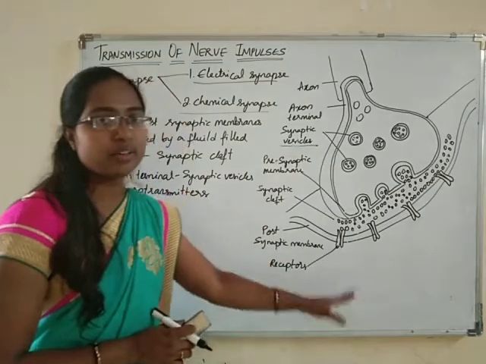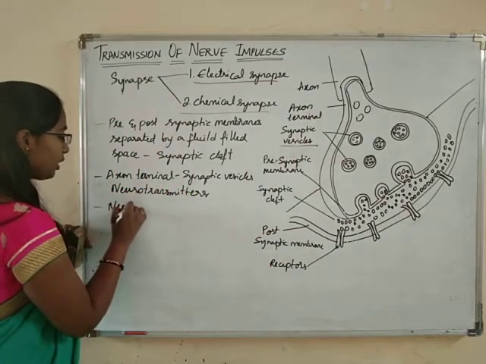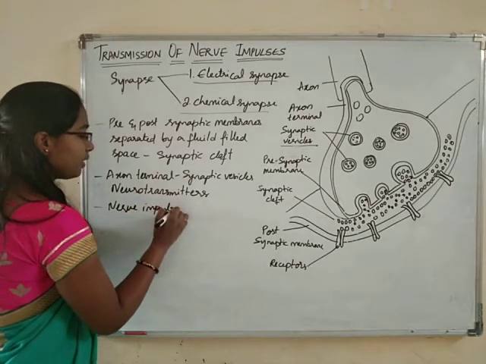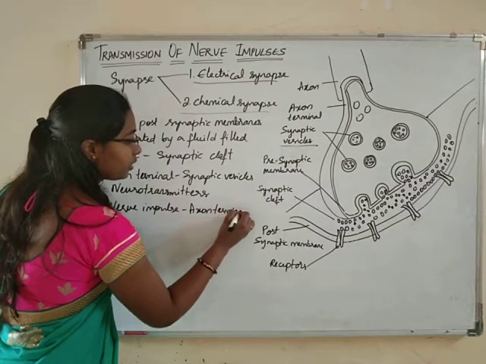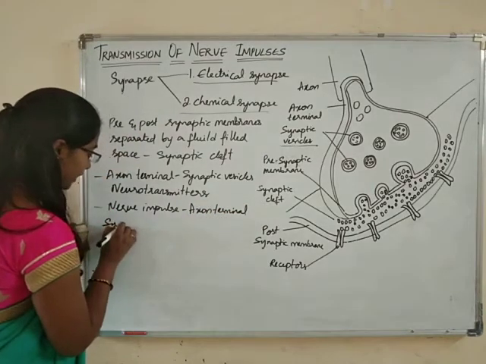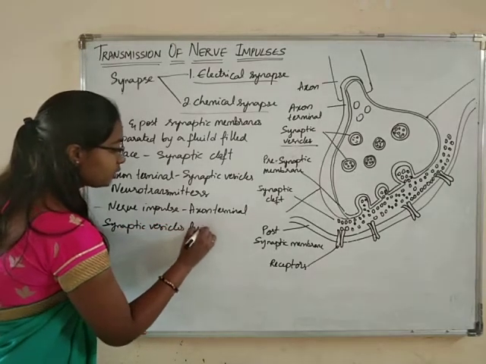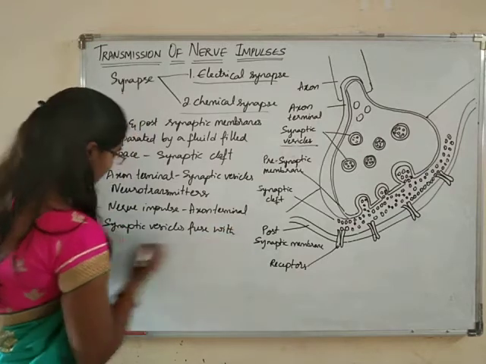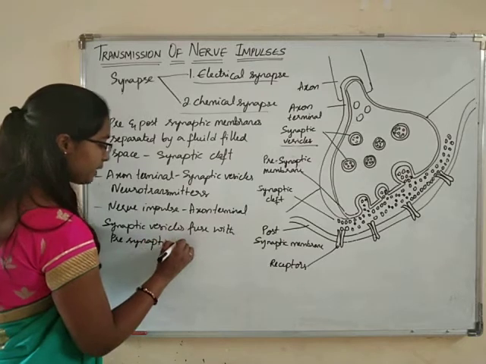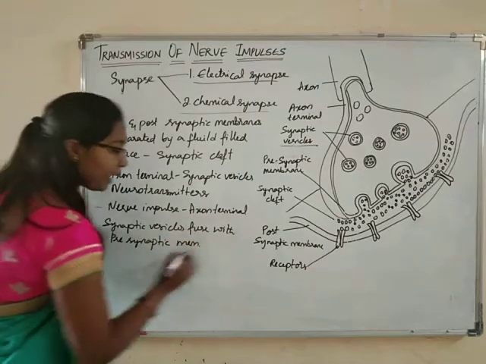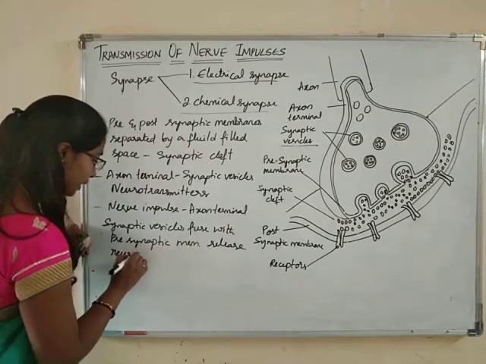I'll just write whatever we have discussed here in points. Whenever a nerve impulse reaches the axon terminal, the synaptic vesicles fuse with the presynaptic membrane and release neurotransmitters.